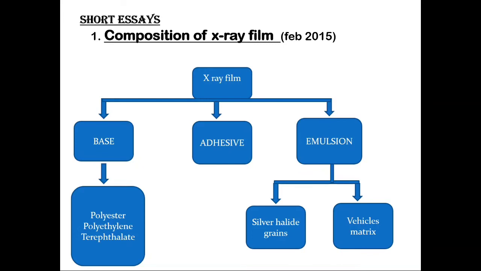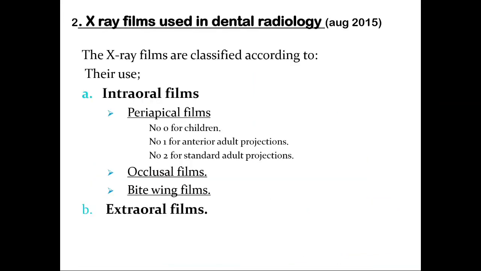So this diagram can also be seen, the X-ray film under the chapter of film imaging in White and Pharoah. You can refer to Freny Karjodkar also, they have mentioned the composition of the X-ray film. What are the components in it, and also what are the functions? That is what you should mention under this question.